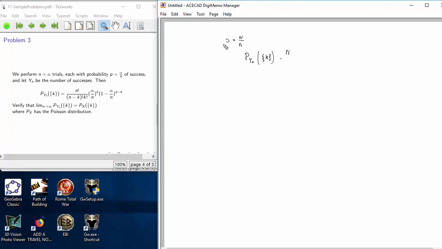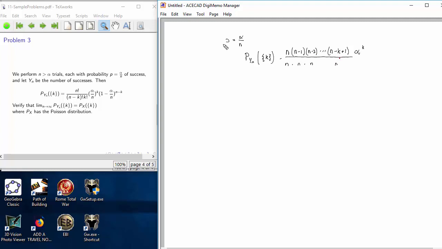And when I divide n factorial by n minus k factorial, of course I get n times n minus 1 times n minus 2, and the last factor will be n minus k plus 1. I have an alpha over n to the k, so I will write out the alpha to the k, but I will break my n to the kth power into k individual factors of n.